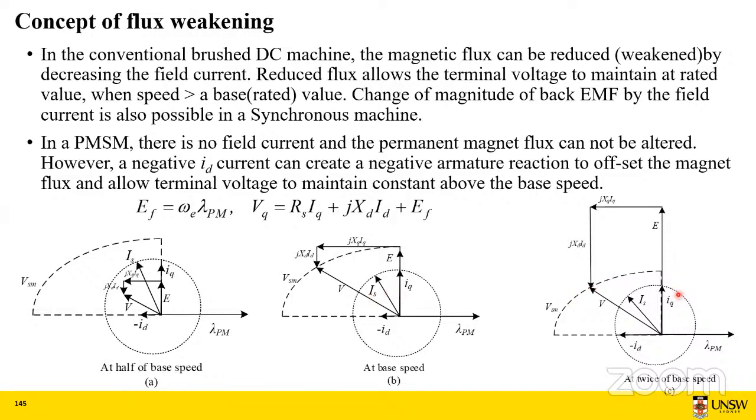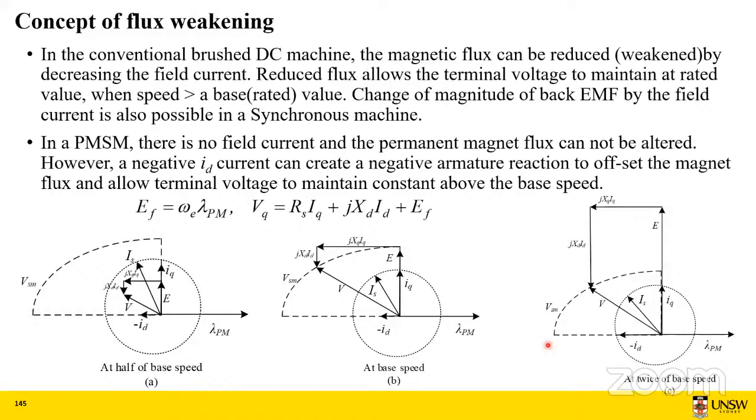So you can see here, the EMF has grown to a very large value. But at the same time, since the negative ID has grown, that drop was increased, but in the opposite direction of EMF. So that's why the resultant voltage phasor remains within that limit. So that's how we do flux weakening and keep the voltage phasor within the required limit.